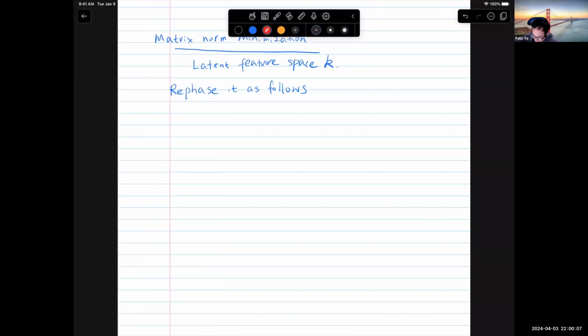The following optimization problem is: I want to minimize the rank of theta, subject to theta ui equal to A ui. So basically, I want to find a low rank matrix theta such that all these observations match, and they are in the low rank.